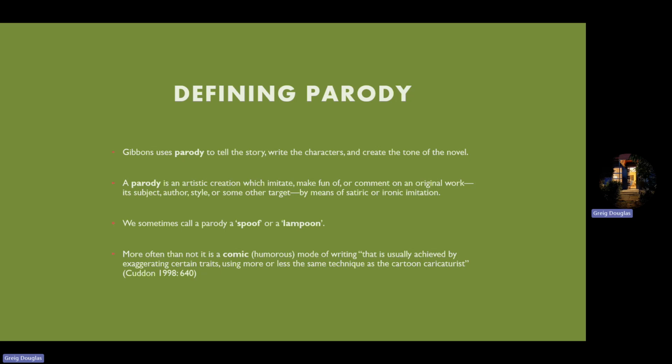Okay, so usually it's meant to be comic or humorous, and its characteristics are that it can exaggerate certain traits, using the same techniques as maybe a cartoon caricaturist would. So there's another word you might have come across, which is also interchangeable with satire and parody: caricature. You create an image of somebody or something in an extremely exaggerated, over the top way.